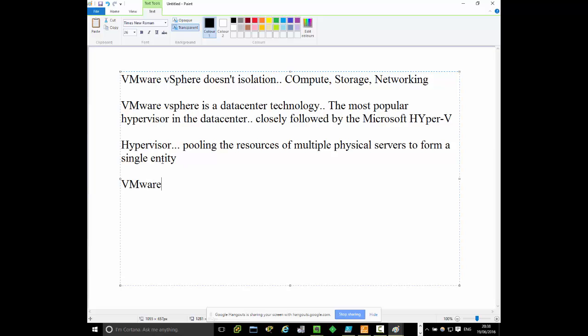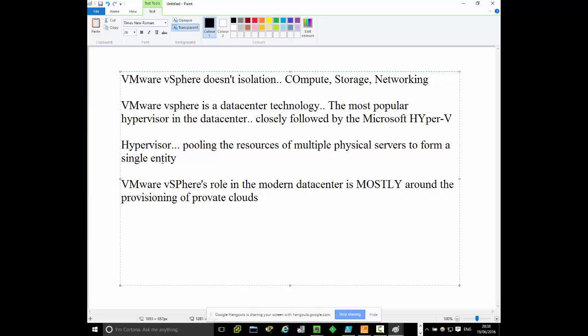VMware vSphere's role in the modern data center is mostly around the provisioning of private clouds.